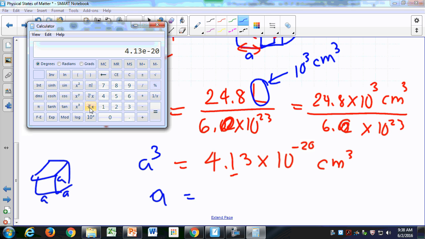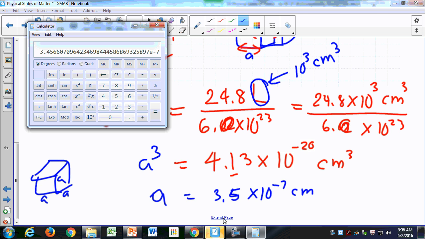Or if you don't have one on your calculator, you raise it to the power, parentheses, 1 divided by 3. That's how you take a cube root. So raise to the power 0.333. And that gives you 3.45. So that's 3.5 times 10 to the negative 7 centimeters.